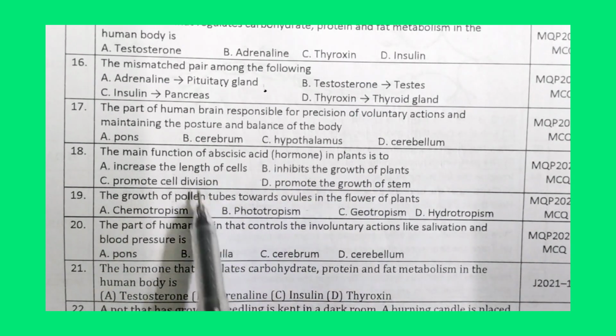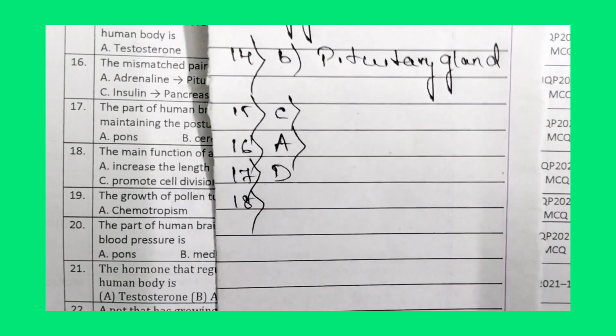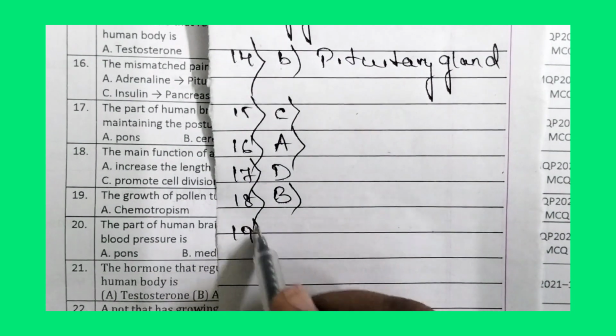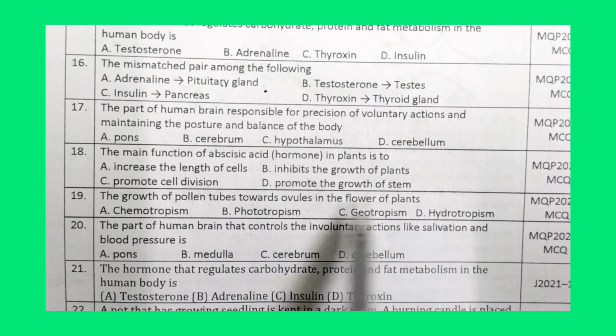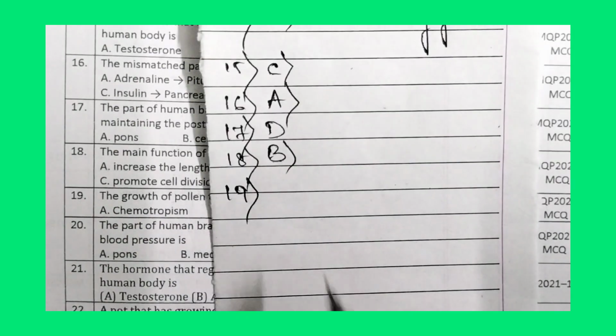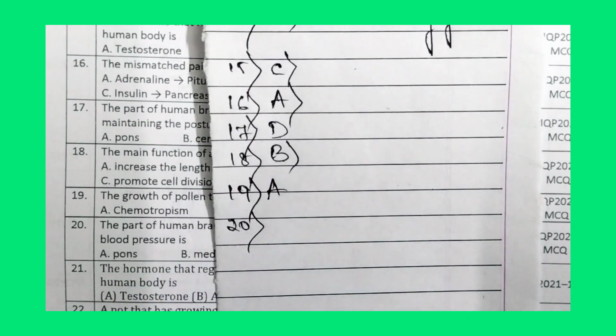Among the four, option B is the right answer. Next 19th question. The growth of pollen tube towards ovule in the flower of plant is option A, chemotropism.